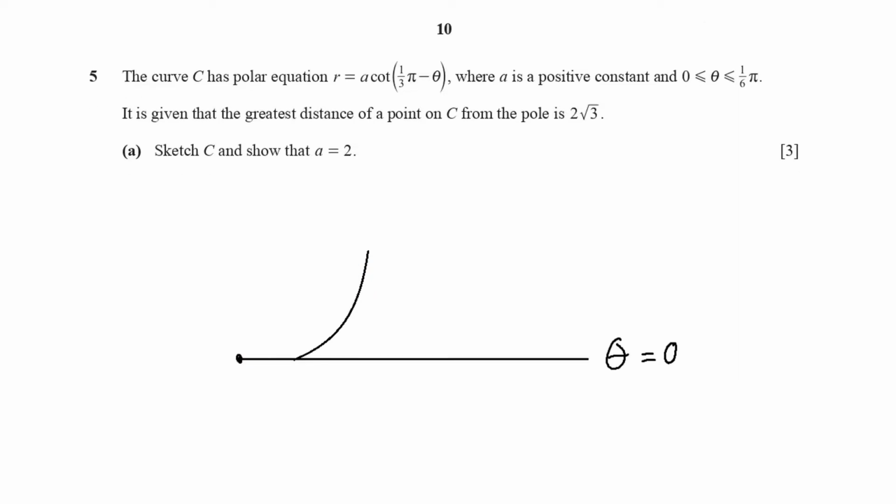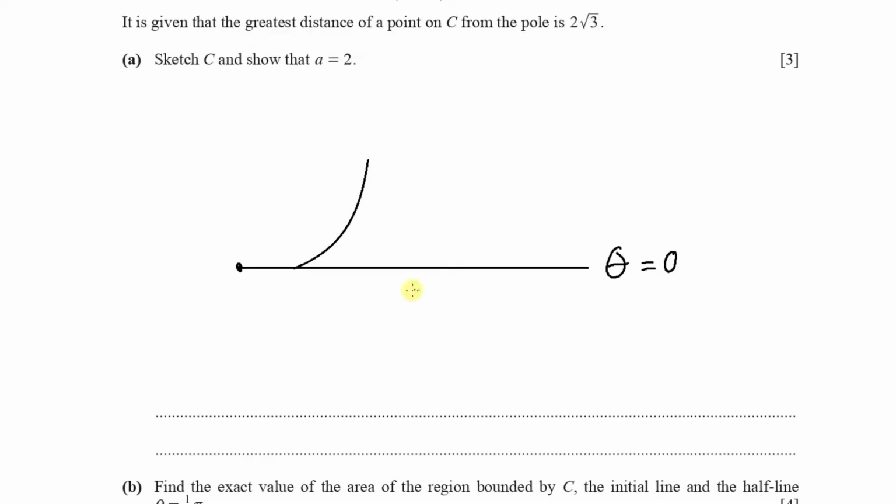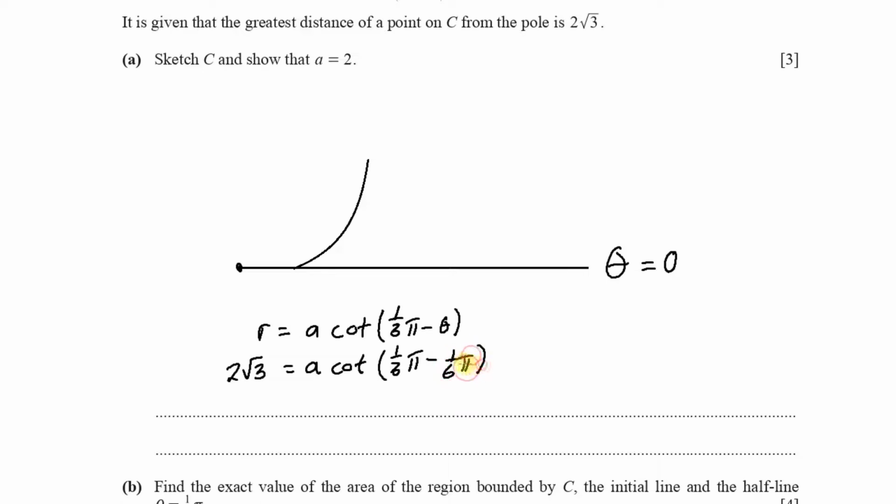So if we consider the equation r = a cot(π/3 − θ), then r will have a value of 2√3. That's the greatest distance, and that's a cot(π/3 − θ). So the θ value we said is π/6, so we can solve for a here.